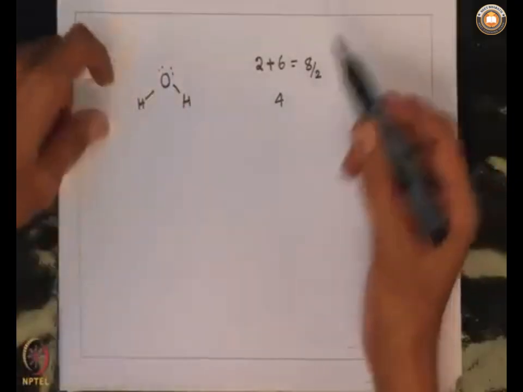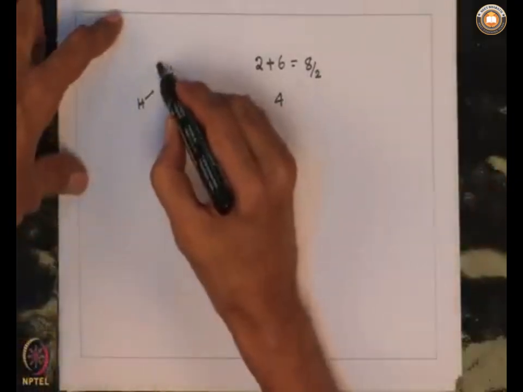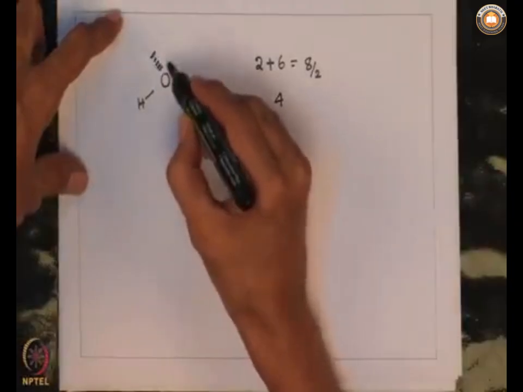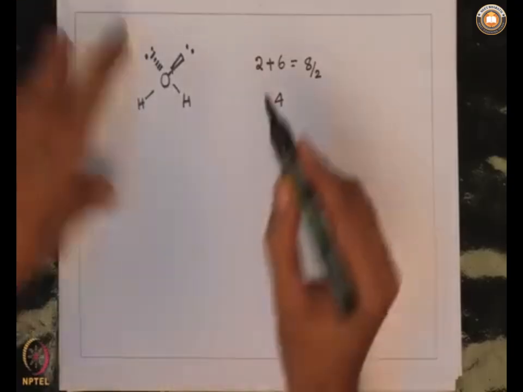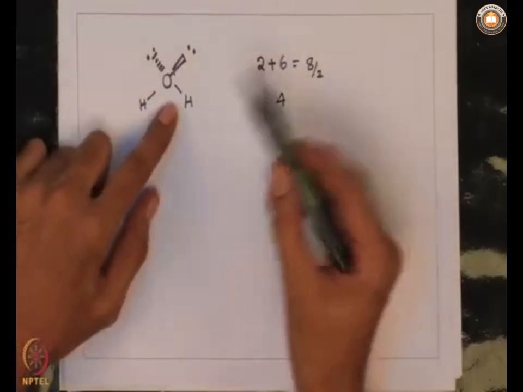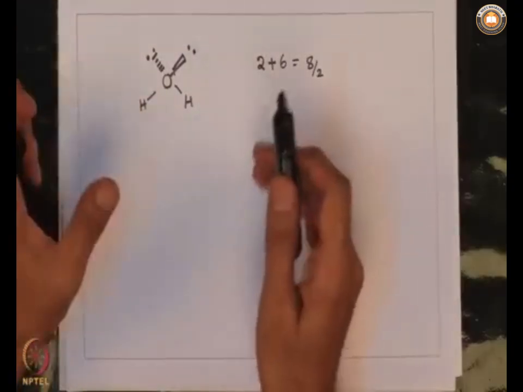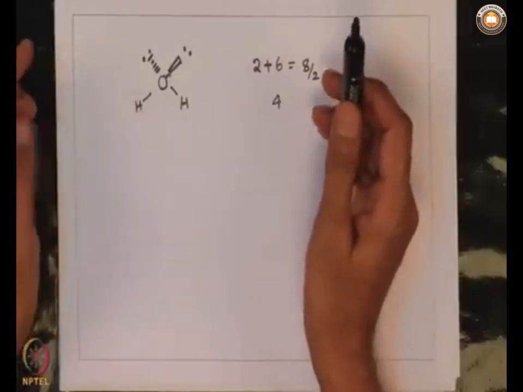Okay. So, now I can also draw a tetrahedral structure and place electrons here. So, now the geometry of oxygen in water is tetrahedral.